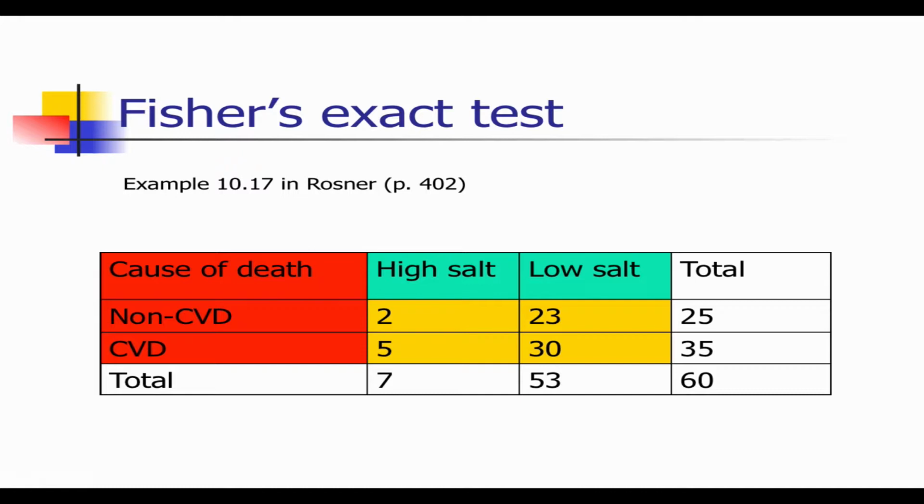So this is the setup. The problem here is not that we have a very small sample size. The total sample size is not that small; we have 60 samples. However, the problem is that the high salt diet is a very strict category: you have to consume a very high threshold of salt to be categorized as high salt. Among the 60 individuals that we sampled, only 7 fall into the high salt category.